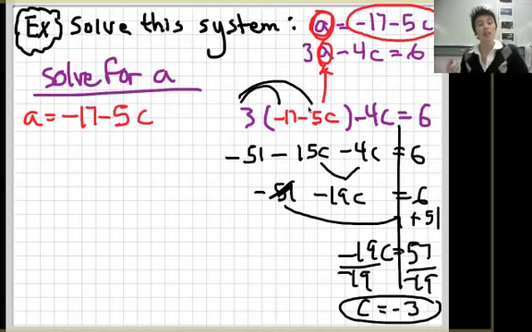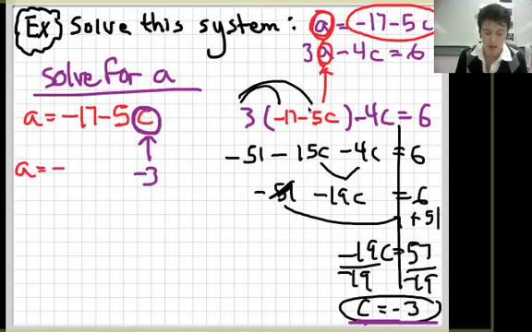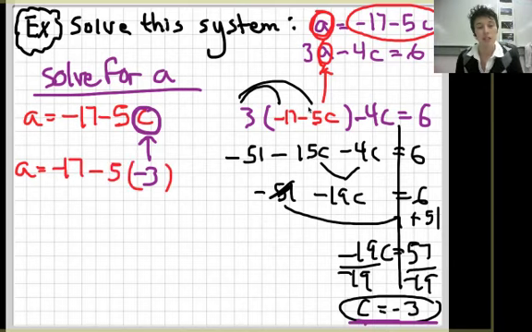And we got an answer. We think C down here at the bottom is negative 3. So where the C is right here, I'm going to put in a negative 3. So I'm going to have A equals negative 17 minus 5 times negative 3. And 5 times 3 is 15. And a negative times a negative is positive 15.